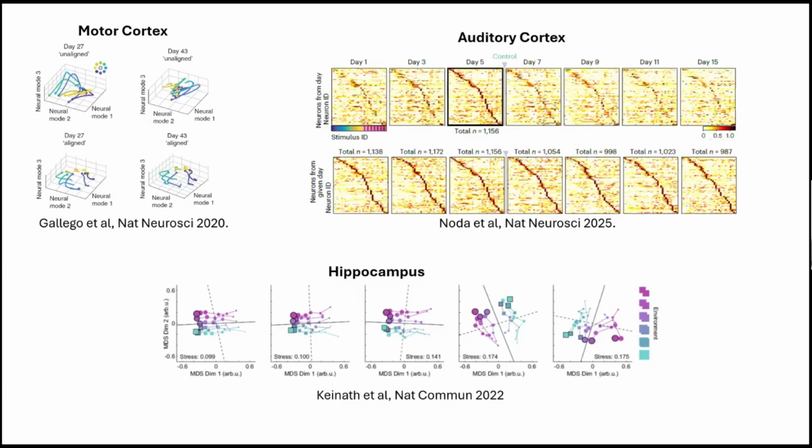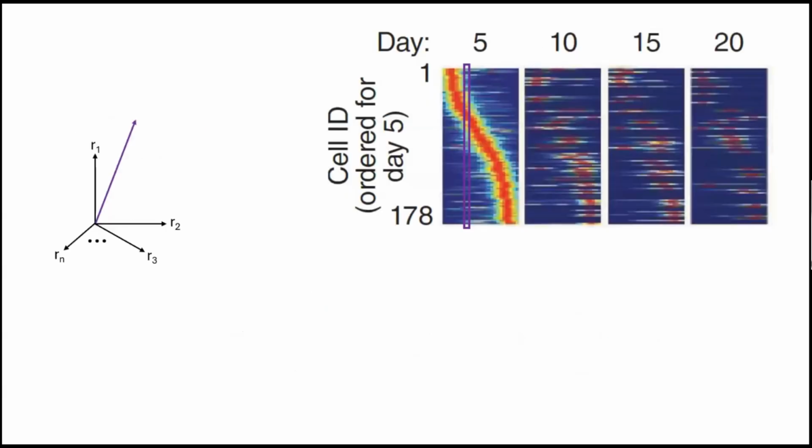First I want to take a more geometrical approach. I want to go back to the hippocampal data. This activity here is the activity of cells averaged over a session. I can take a spatial bin, say this purple one here, and get a vector of activities. This is just some vector in the space spanned by the activity of all the cells.